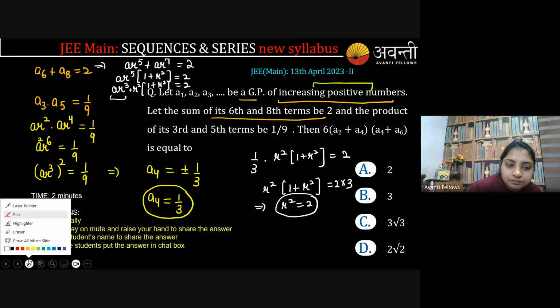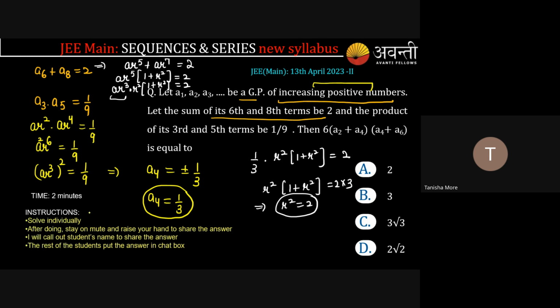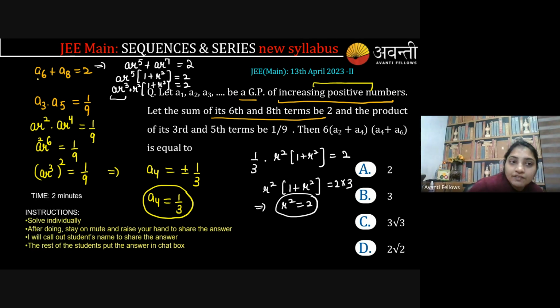Yeah, ma'am, can you repeat? Sure. See, I just put the values A r5, A r7. Then A r5 is common. I just split r5 as r3, r2. A r cube value is already known to you, 1 upon 3. I just put 1 upon 3 r square. Now I think you were confused about how ma'am wrote this. Yes, ma'am.